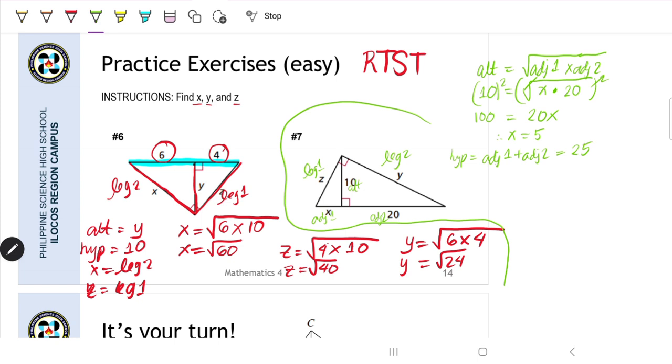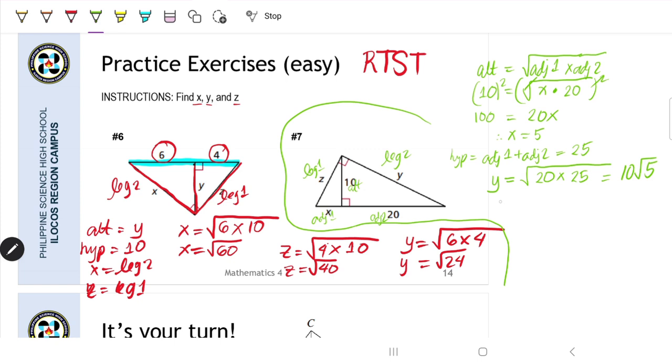Bakit natin sinolve sa hypotenuse? Because we're going to use that to solve for y. So y is leg 2. That is the square root of adjacent 2, which is 20, times hypotenuse, which is 25. So y is, using my calculator, square root of 20 times 25. That is 10 square root of 5.